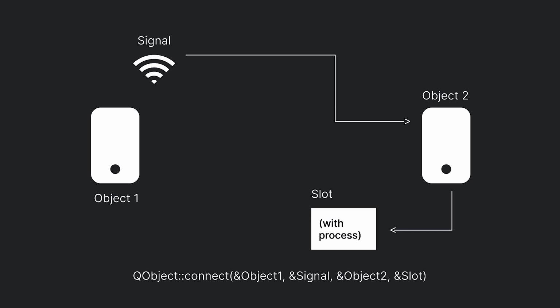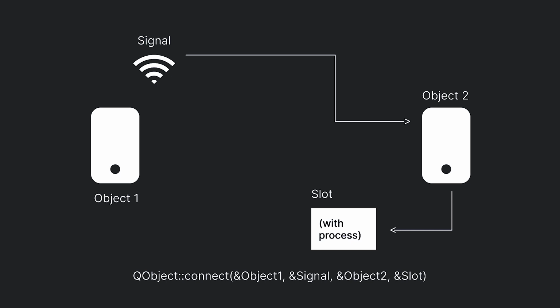Whenever I send a signal, it goes to object 2, and when it receives that signal, or knows that this signal has been emitted, it processes our slot, which happens to be part of object 2. The slot will have the process. It's just like a function which will have a statement on what to do, what to execute.